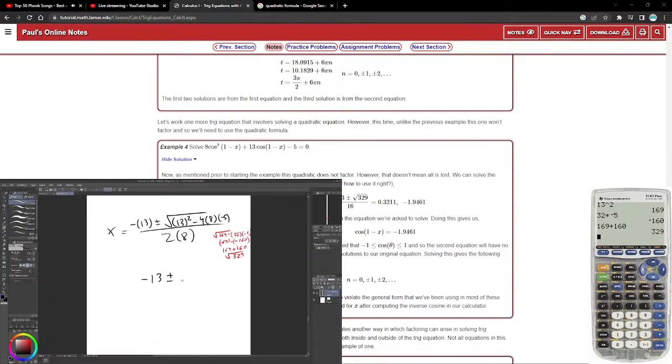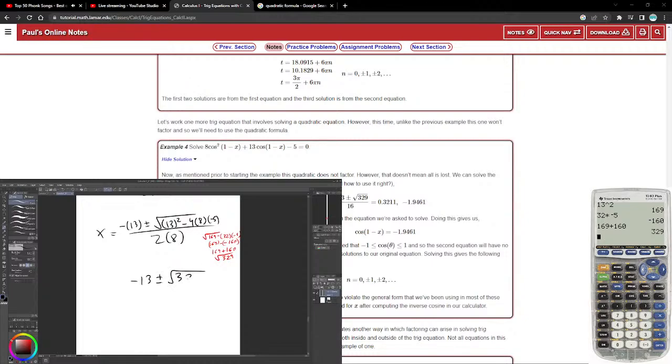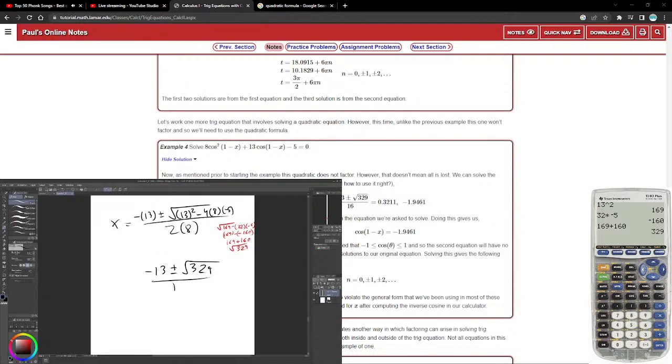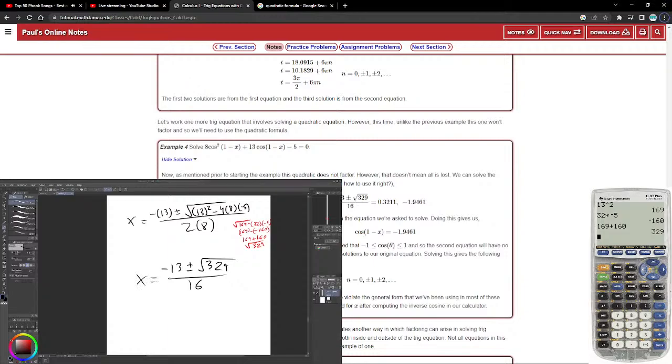-13 plus or minus square root of 329 over 16. Maybe it was that exponent. Might have been that exponent.